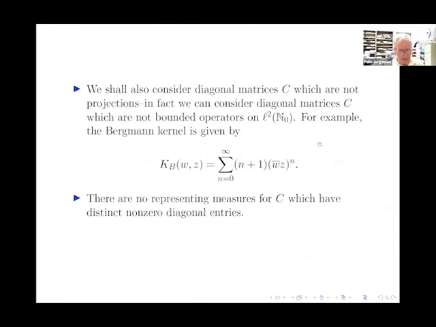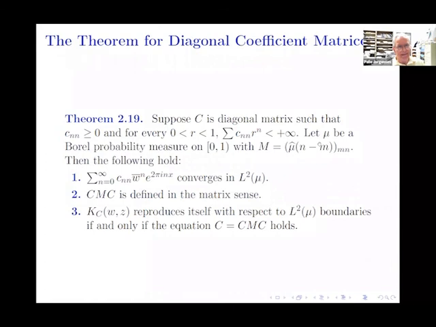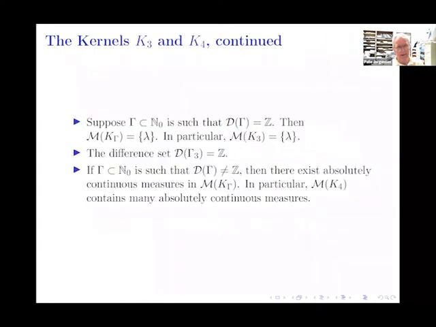So this is the Bergman kernel. And this one here is the one that makes precise a solution to the equation C equals CMC, where you deal with infinite matrices and have to be careful about your Abel summability.